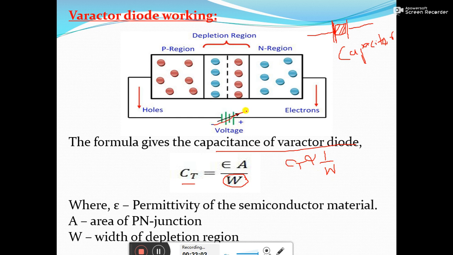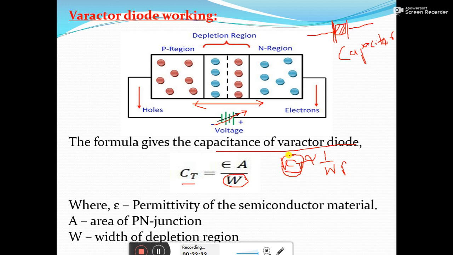If you go on increasing the reverse bias voltage, for a larger value, the depletion region is going to spread more towards the P and N regions, or you can say the width of the depletion region increases. As the width increases, the capacitance is going to decrease. Like this, by applying the reverse bias voltage, you will be varying the width of the depletion layer. In turn, you will be varying the junction capacitance.